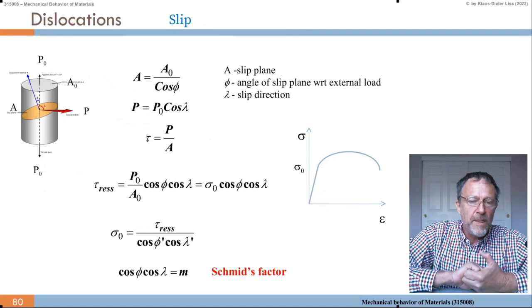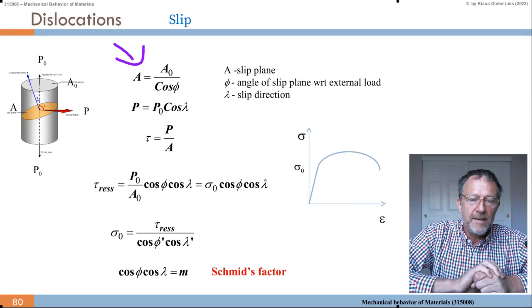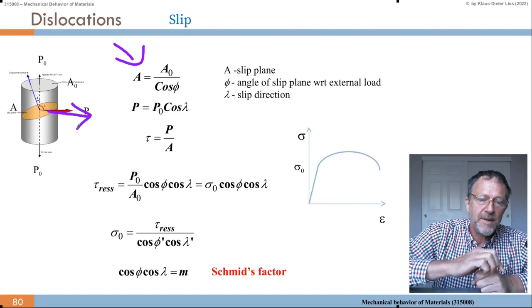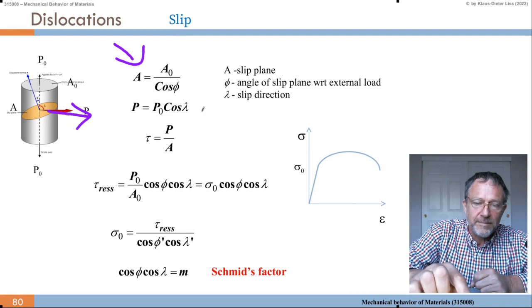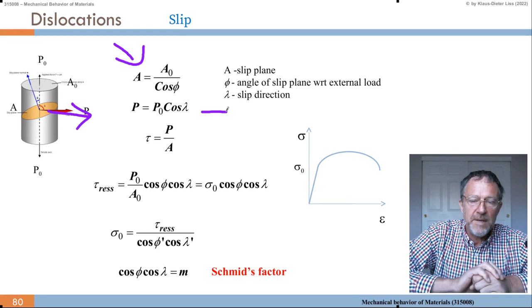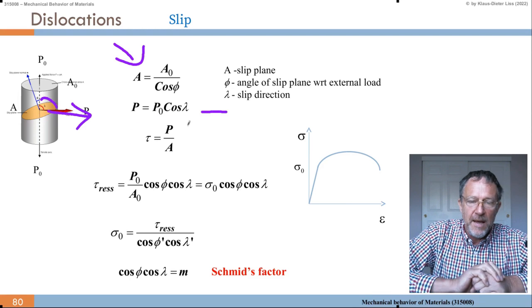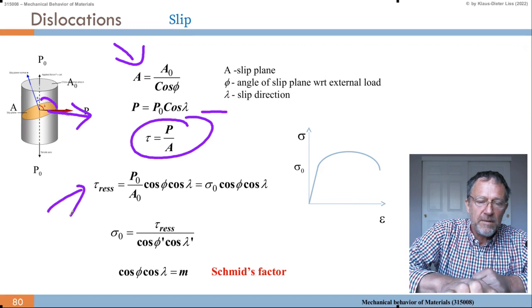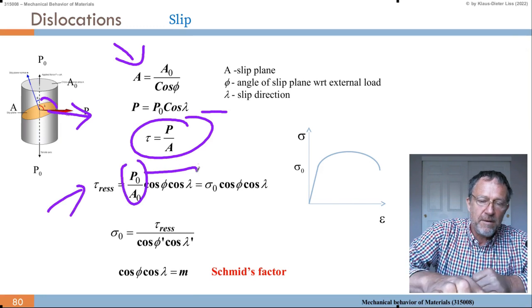So again, let's look it up here. The area scales with A over cosine phi, the applied stress, or force, scales with cosine lambda, where the angle is lambda here, and shear stress is P over A. So the resolved shear stress becomes P over A times cos phi cos lambda.